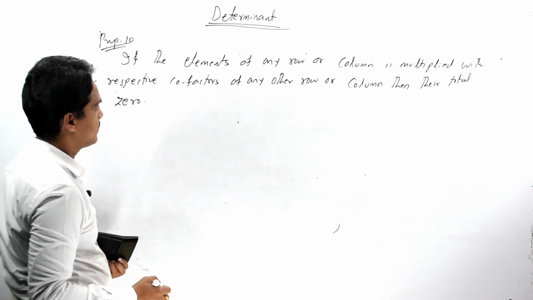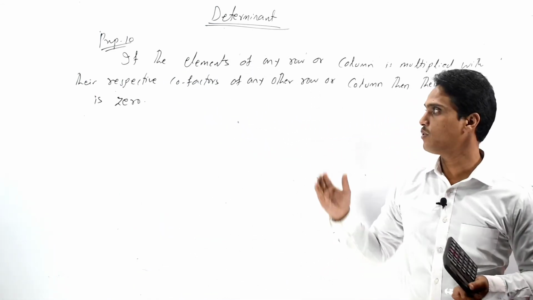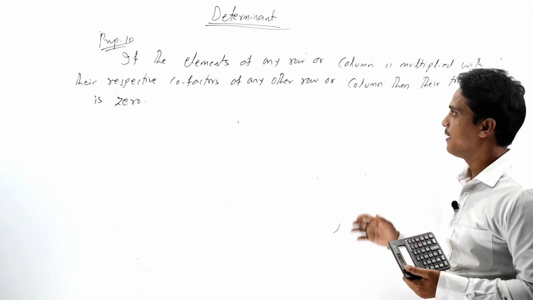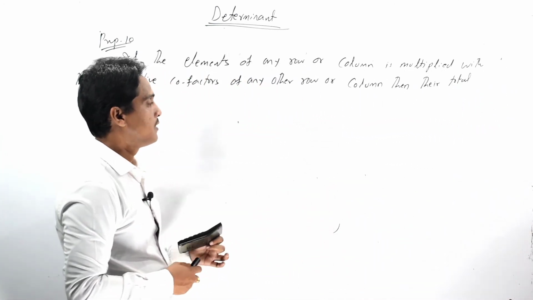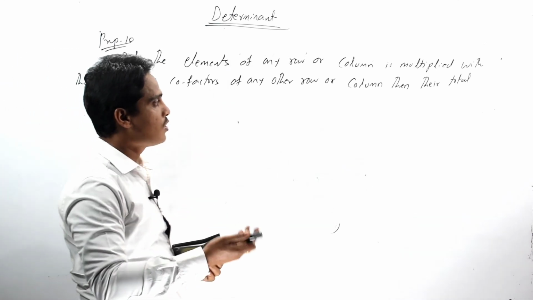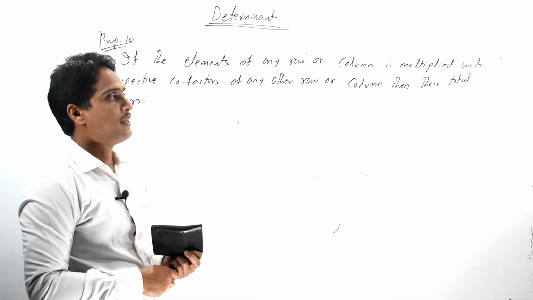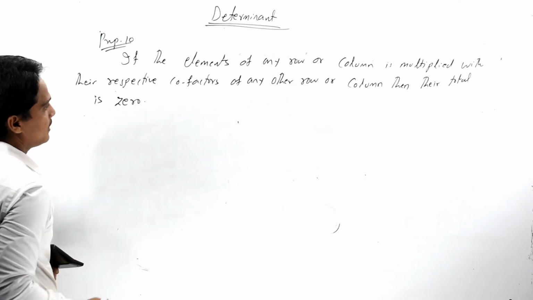That means if the elements of any row or column are multiplied with the respective cofactors of another row or column, then their total should be 0.